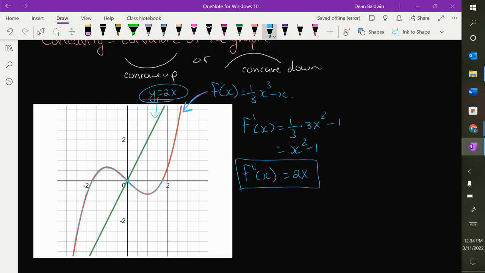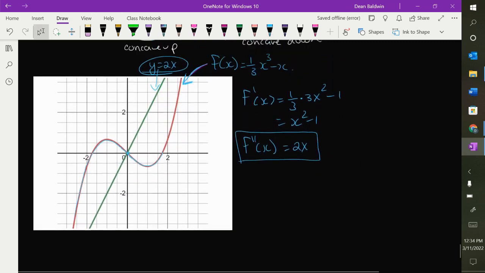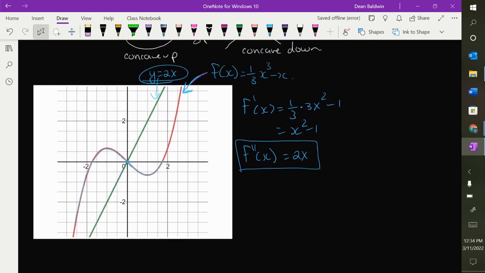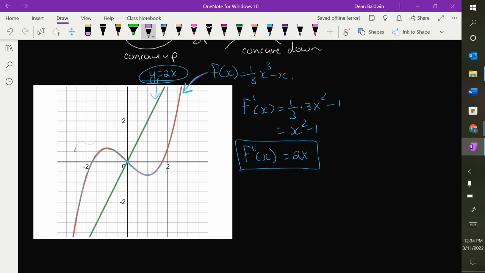It's the second derivative. And the connection I want you to see is, if you look at this part of the graph, this is concave down. The green graph is the second derivative, the graph of 2x.